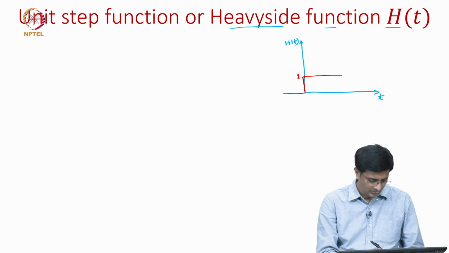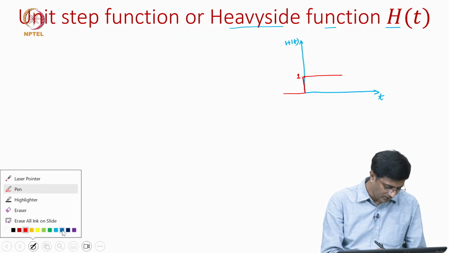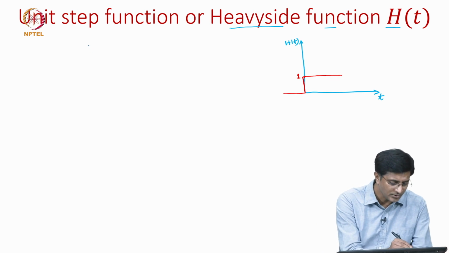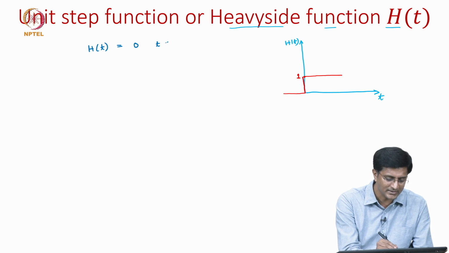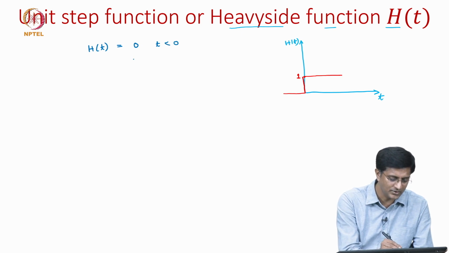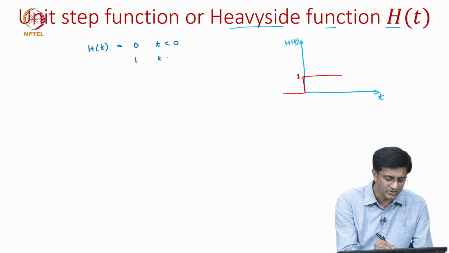The way we write this in equation form is h of t equals 0 when the time is less than 0, and 1 when the time is greater than or equal to 0.